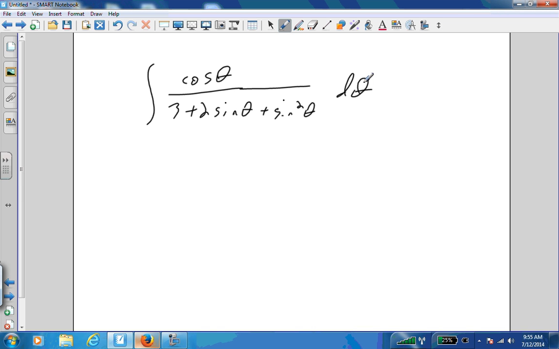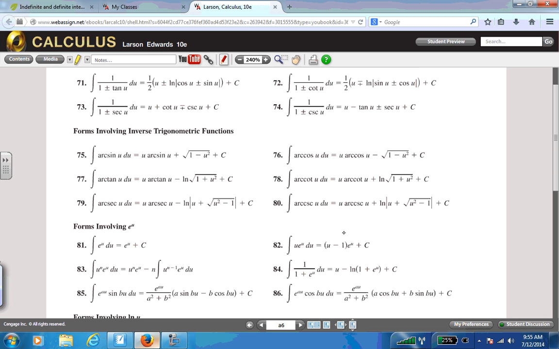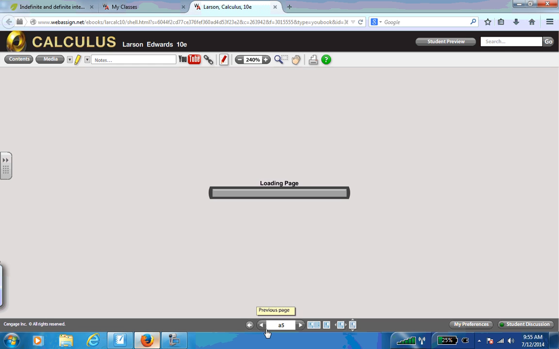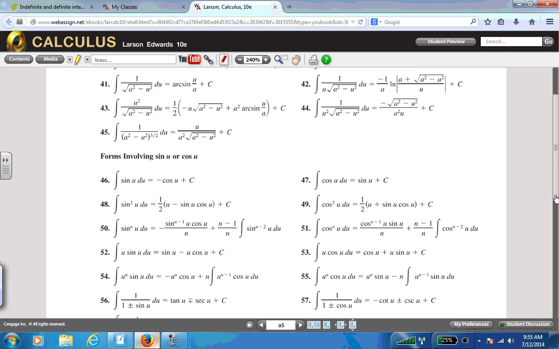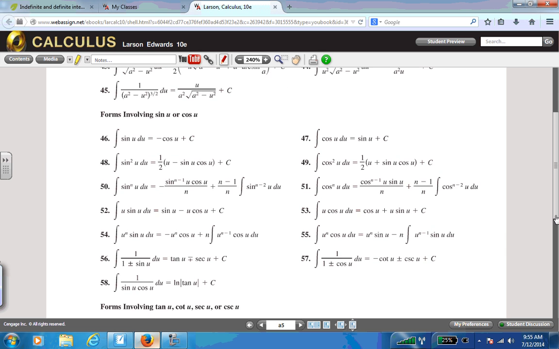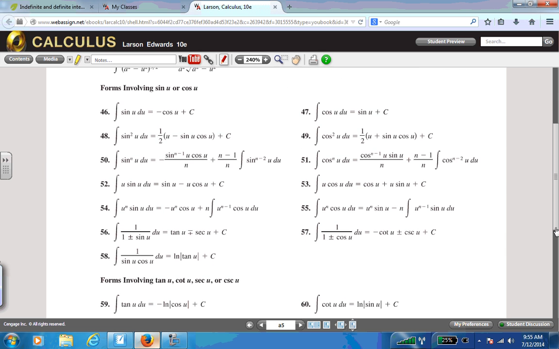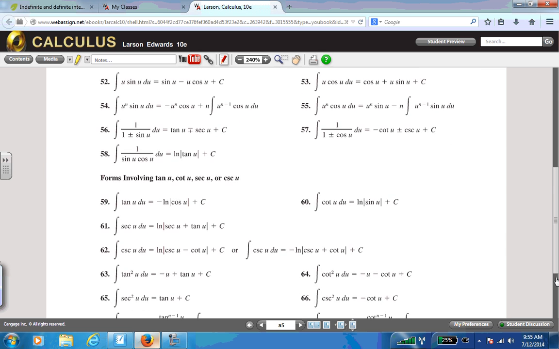That does have sines and cosines in it, but if we look through our formulas that have sines and cosines, it doesn't look like any of them. Here are our sines and cosines. Notice that doesn't really fit any of those.